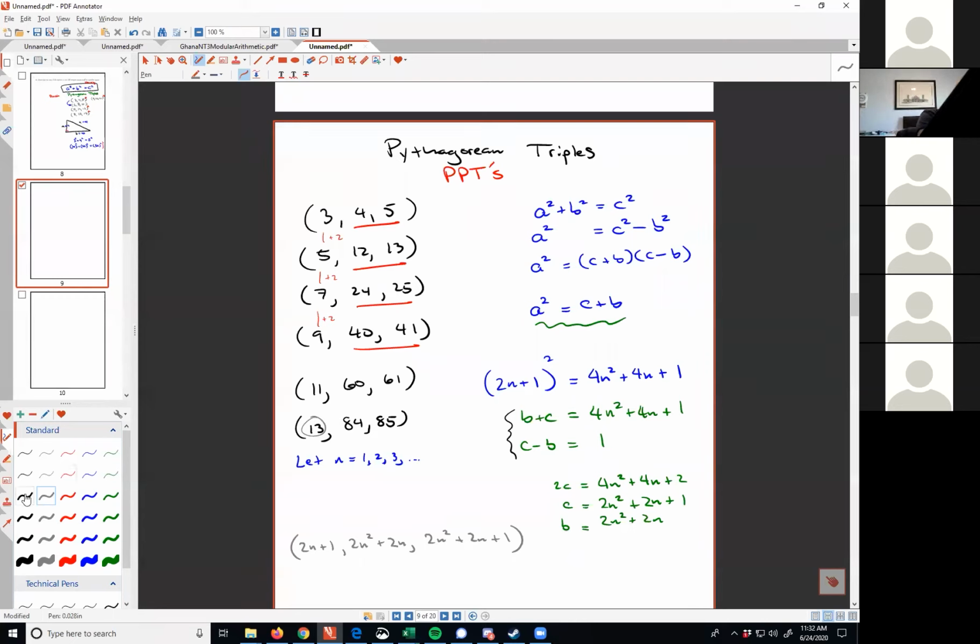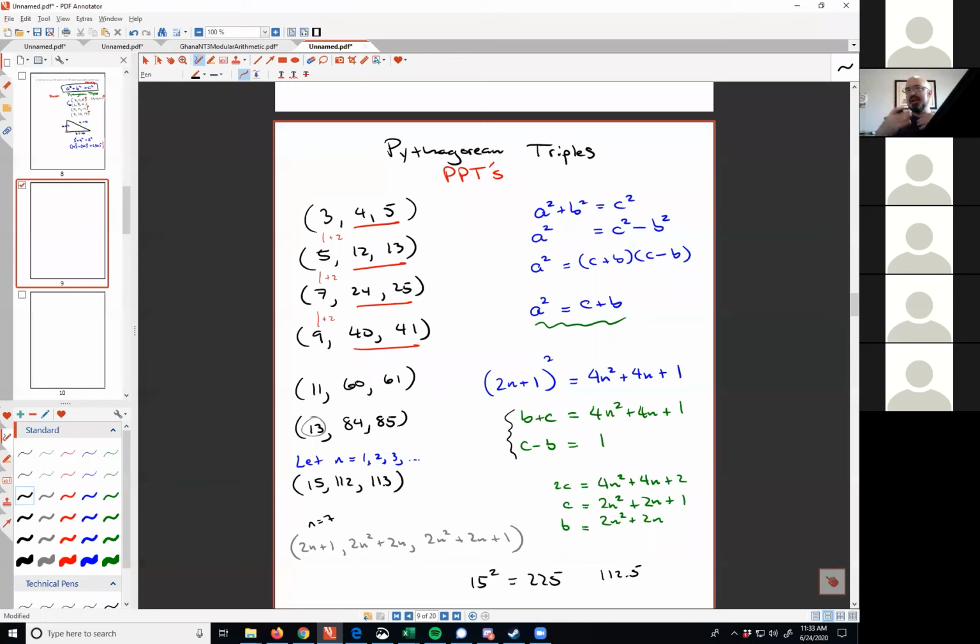So if I want to build one out of 15, where n equals 7, I would square 15. I'd get 225. I would divide that by 2, and then I'd round up and round down, and I know that 15, 112, 113 makes a primitive Pythagorean triple.